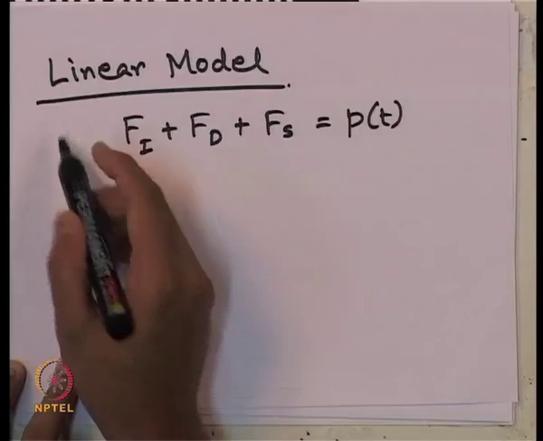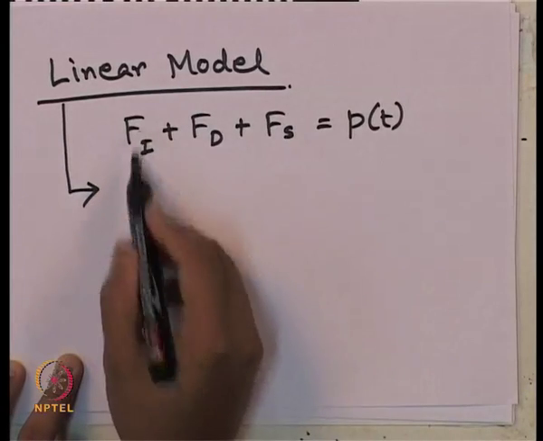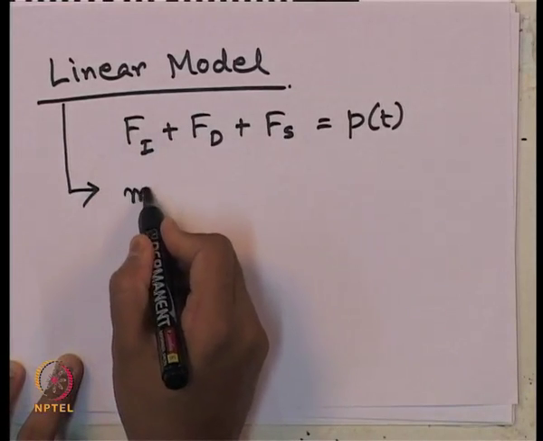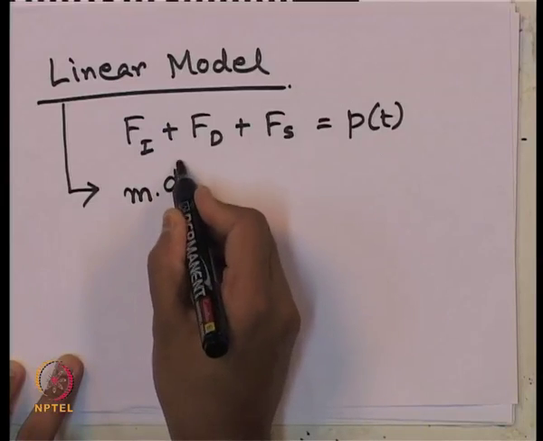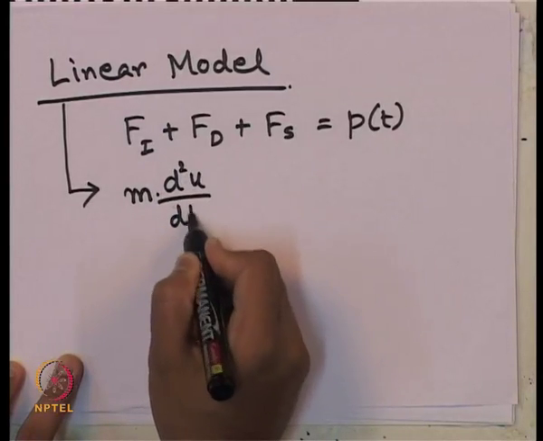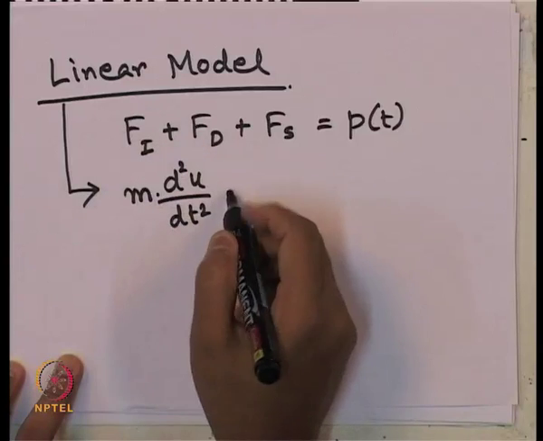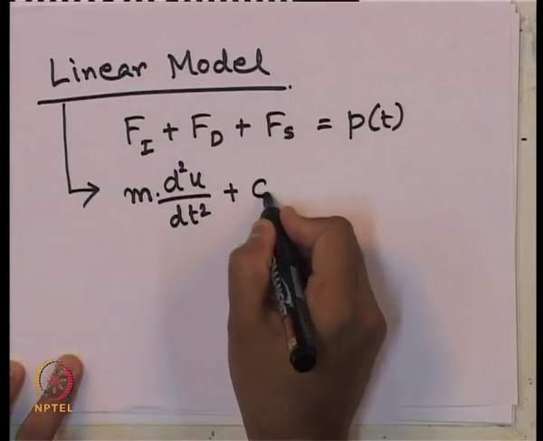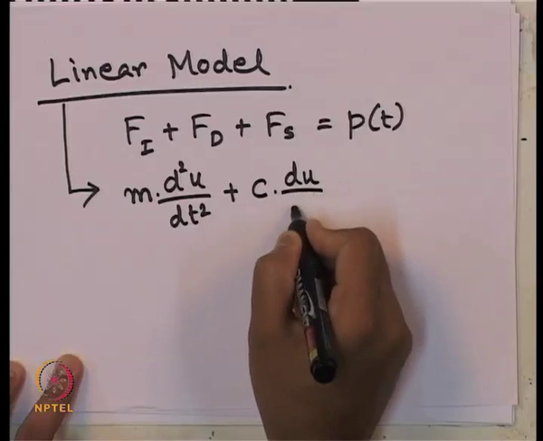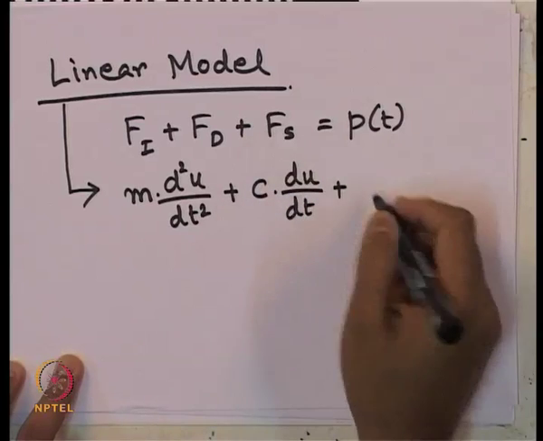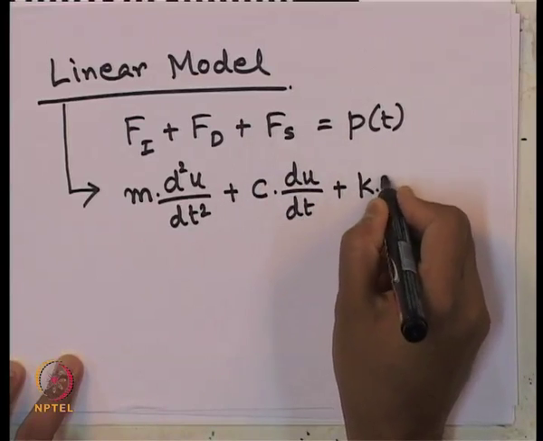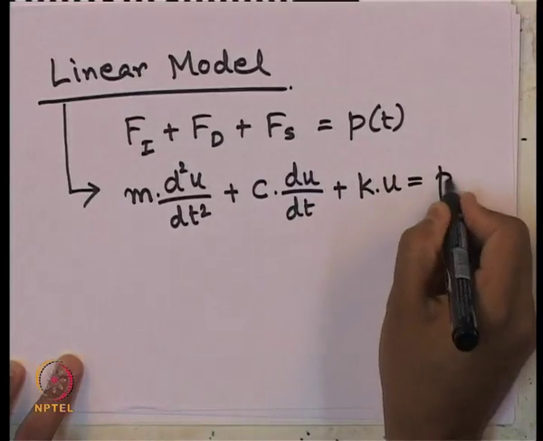Now, if we use the linear model, f I is nothing but m times d 2 u by d t square, that is the inertia force. What is the damper force? C times d u d t. What is the spring force? K times u, that equals p of t.